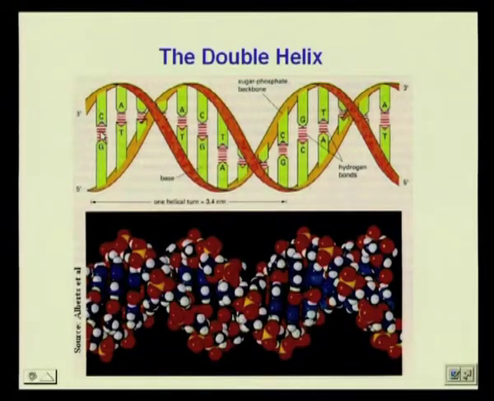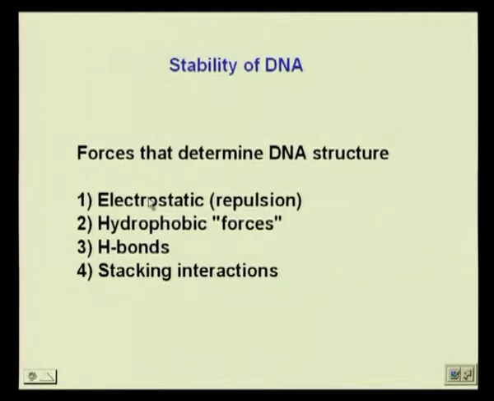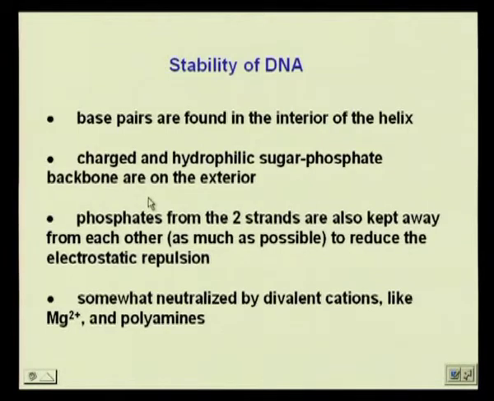So, in the resulting planarity that we have between the GC and the AT pairs, we are going to see a stacking interaction that again can be disrupted with any agent that penetrates this region between the bases. So, we have these 4 types of forces that actually determine the DNA structure.